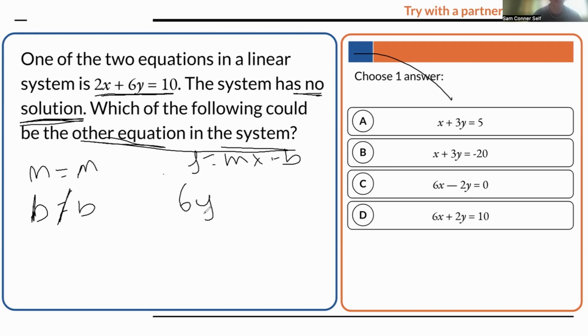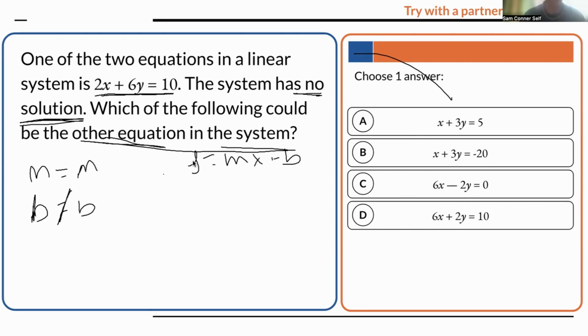You can do the whole 6y equals negative 2x plus 10 thing, and then divide the whole thing by 6 to get some answer. And then you can look and see what that corresponds with and what that looks like with the multiple choice. That's going to be a little bit more work for you guys.